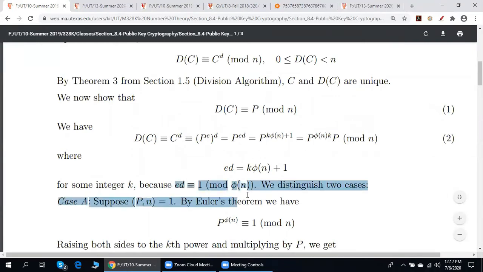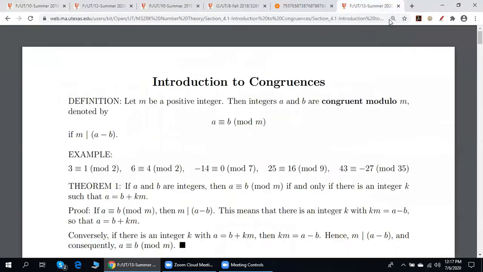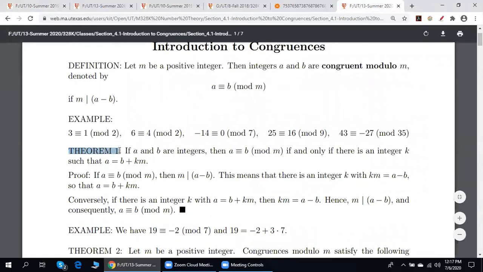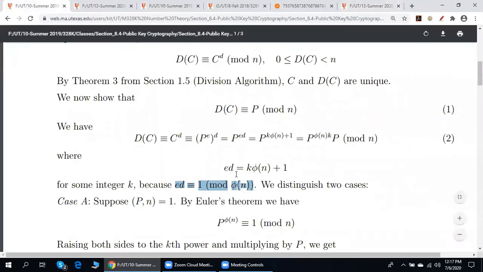Now, let us go back to section 4.1. Please take a look at this theorem. This congruence implies this. A is congruent to B modulo M means A is B plus Km. This is exactly how we jump from here to here.